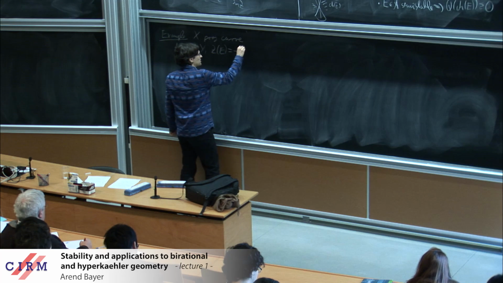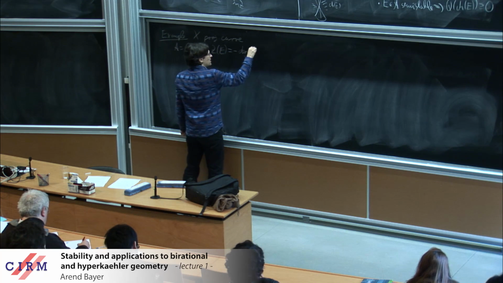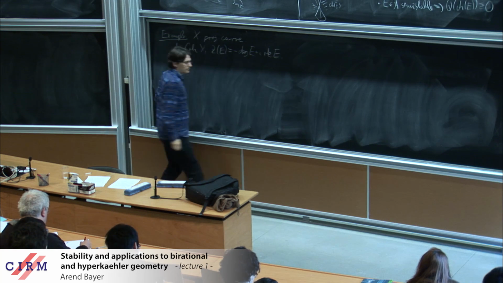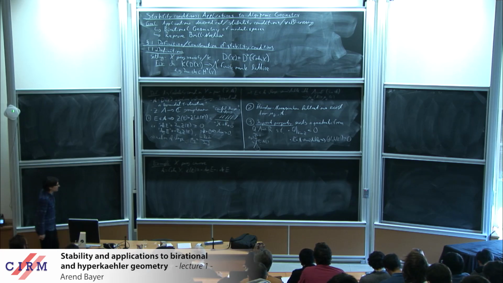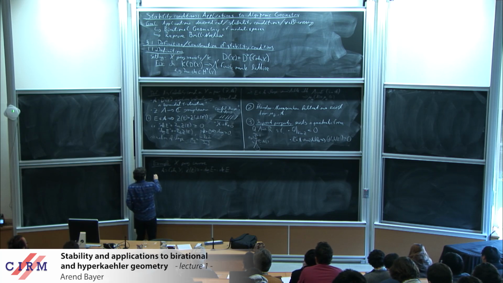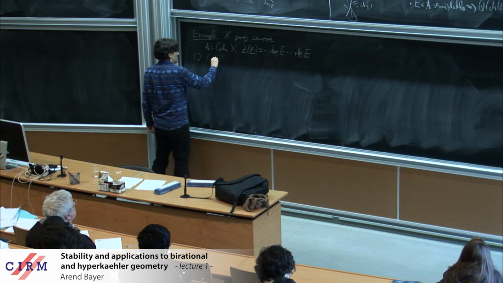So Z of E is just minus the degree of E plus i times the rank of E. And then slope-stable objects are just ordinary slope-stable bundles on the curve, and so on. Okay, now I'll construct these for surfaces.